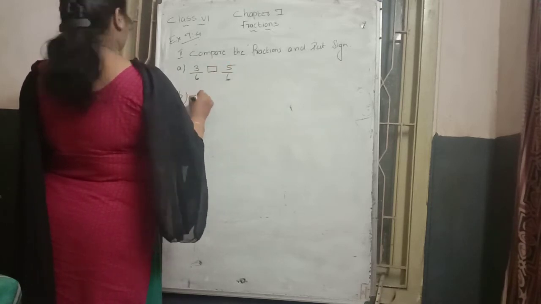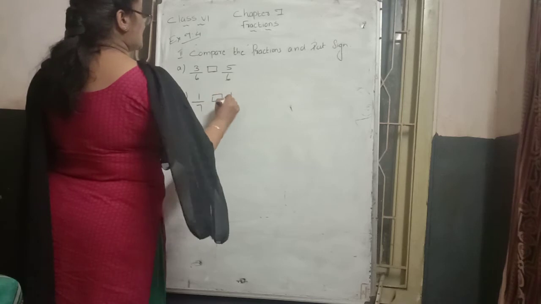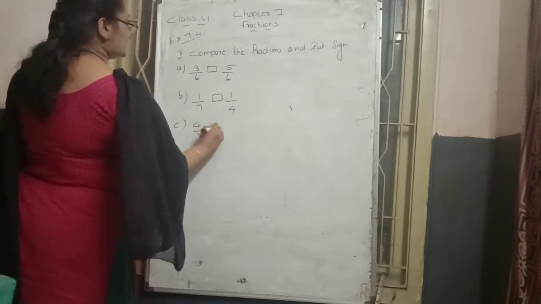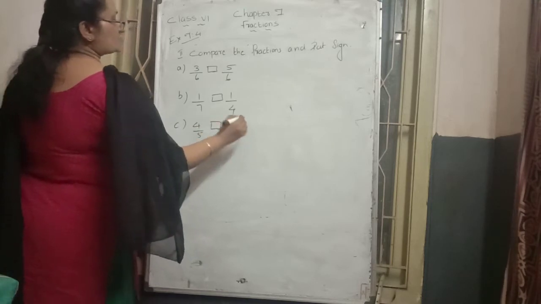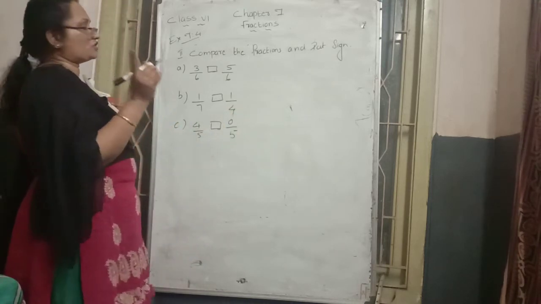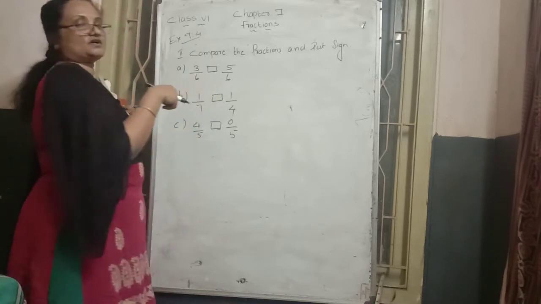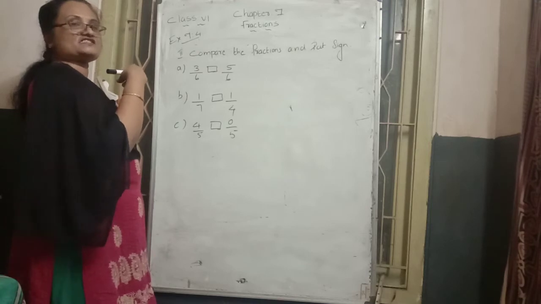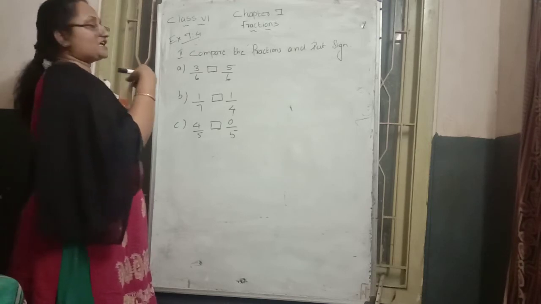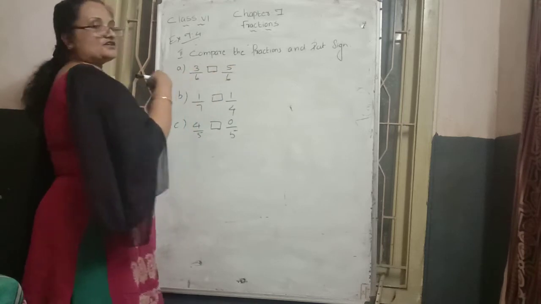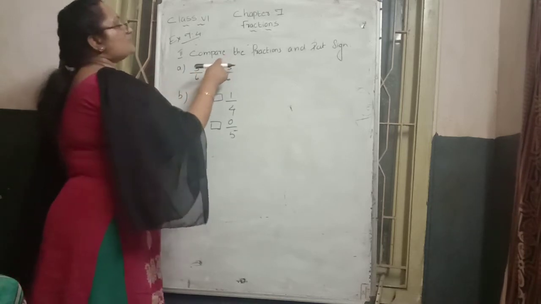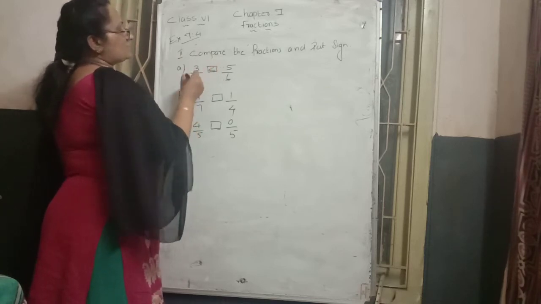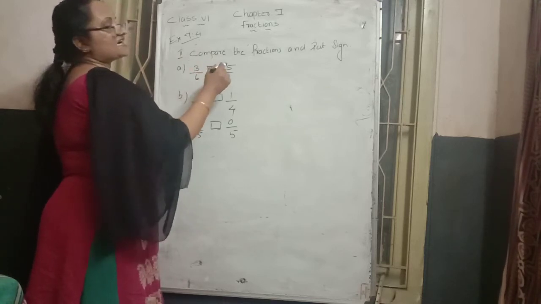B: is 1 by 7 or 1 by 4 greater? Next: is 4 by 5 or 0 by 5 greater? We want to find this directly. Already I said that when the denominators are the same, we look at the numerators: the fraction with the greater numerator is greater. 5 is the greater number, so 5 by 6 is greater. So put the sign on that side. Here we read: 3 by 6 is less than 5 by 6.